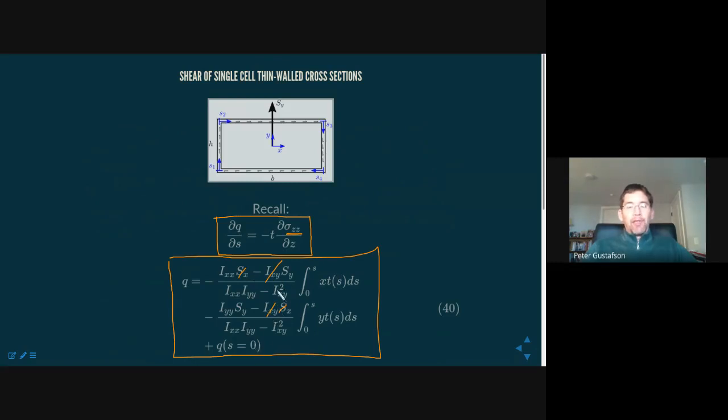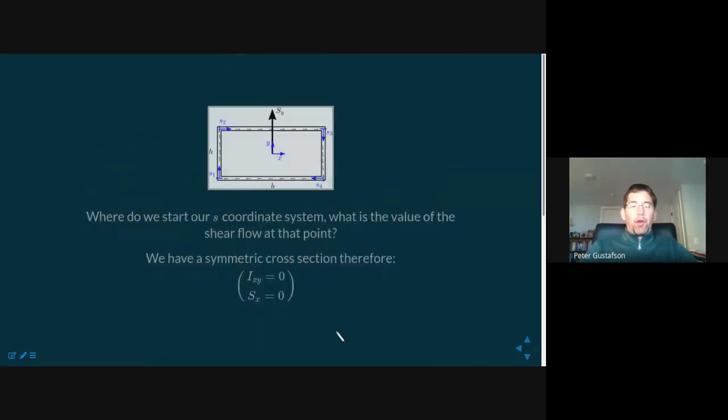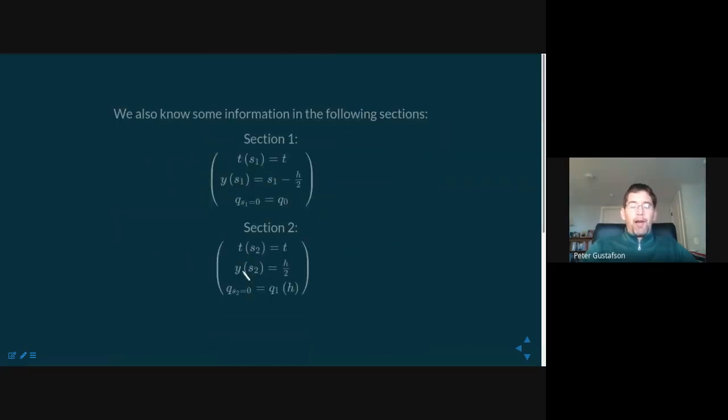And what is left is that this whole top equation goes away. This bottom equation does not go away, but we can now cancel additionally the Iy values. We get minus Sy over Ix times the integral of y t(s) ds. And so I've just identified those 2 things here and therefore simplified my calculation.